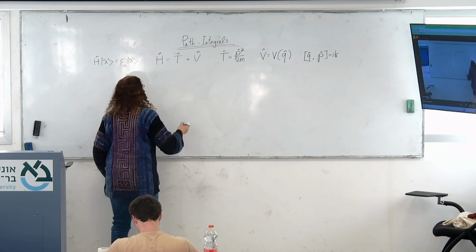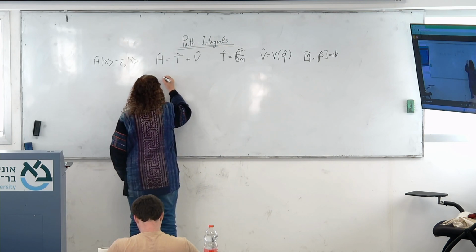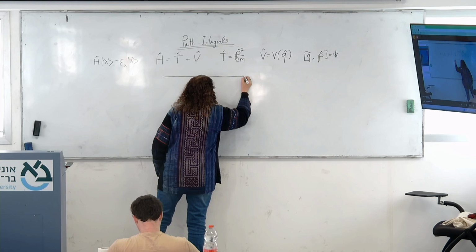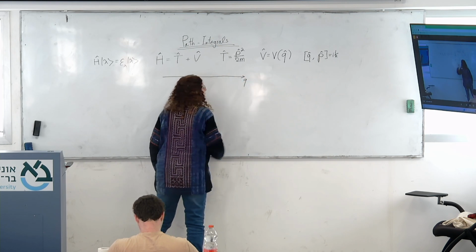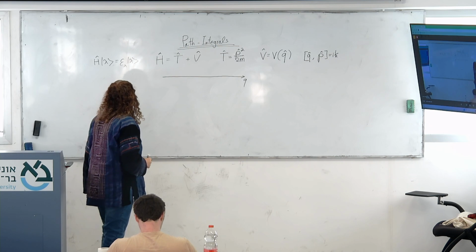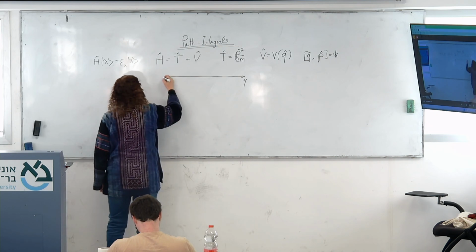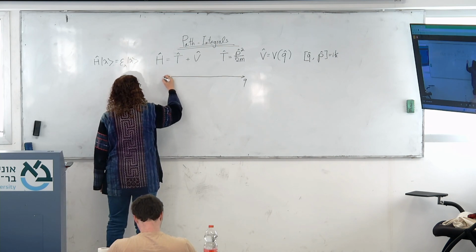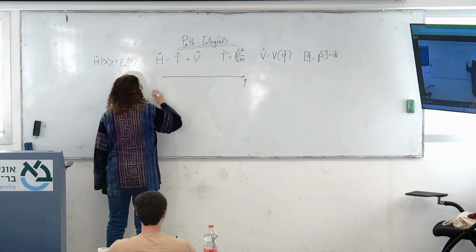So let me first draw here the line, Q is the coordinate, and we'll introduce another axis, which is the time evolution axis.